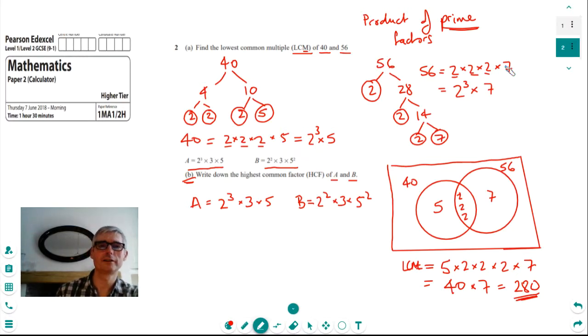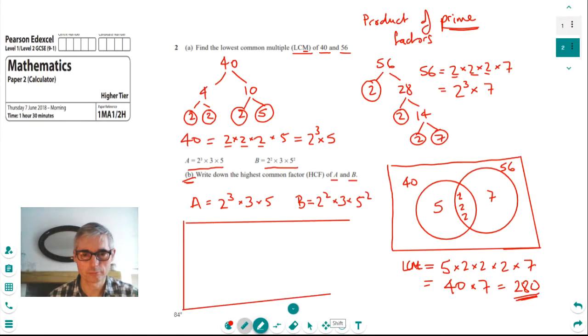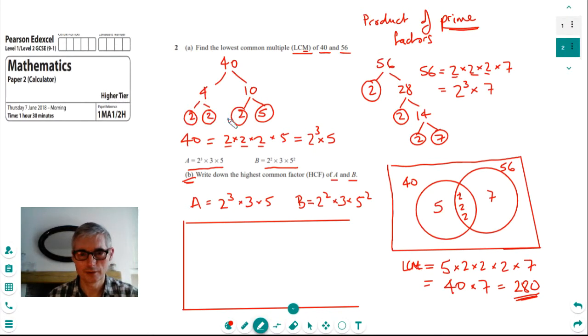So what we do, we go for a Venn diagram again. So here we go. And just add a couple of circles to this.